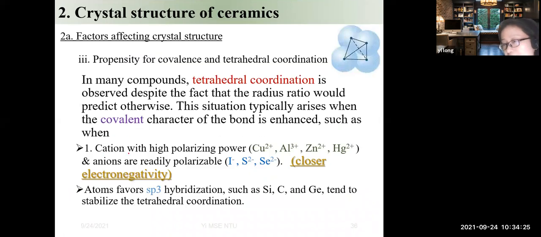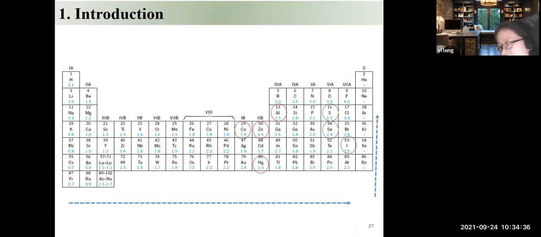If the cations have high polarizing power and the anions are readily polarized, which means they are close to each other in the periodic table, like if the anions are sulfide, selenide, and iodide, and also if the cations are copper, zinc, aluminum, most likely they are going to give you some special cases, which means that table cannot be used anymore.